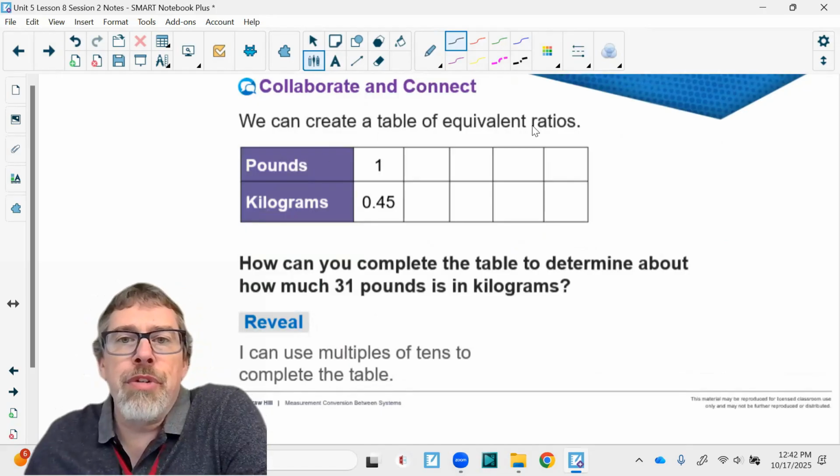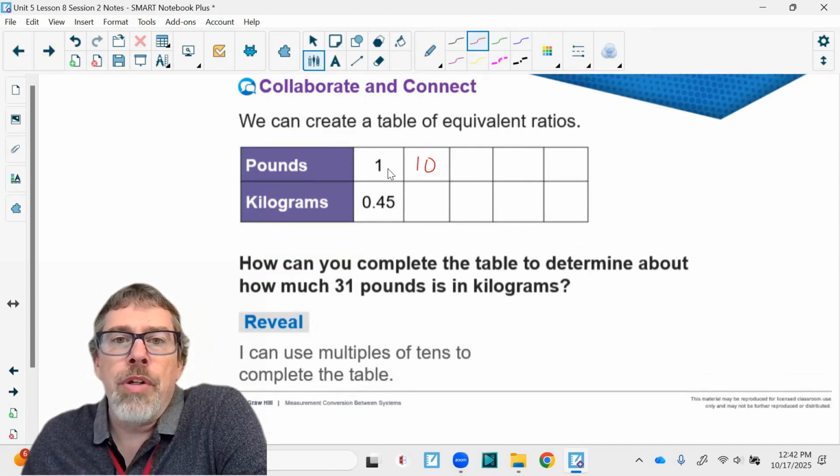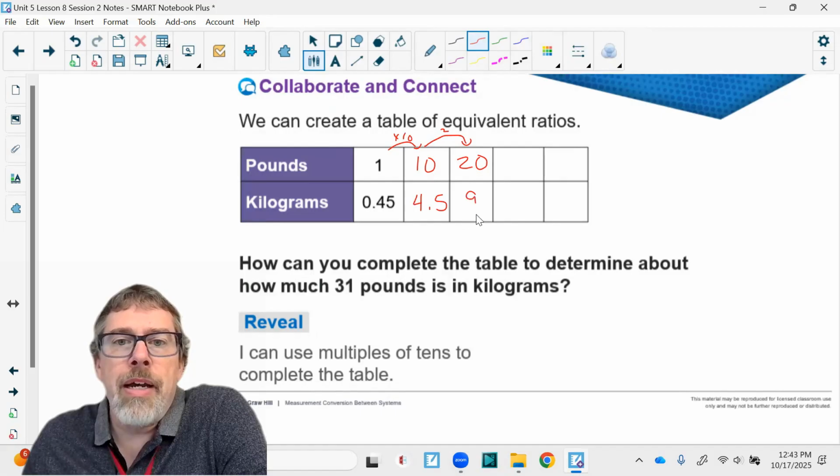Another way we could do it is create a table of equivalent ratios. And we're going to do multiples of 10. So if I made this 10 pounds, 1 times 10 is 10, so I'm multiplying by 10. If I multiply this by 10, it moves the decimal one place to 4.5. And then if I do another 10, that's times 2. This is going to be 9.